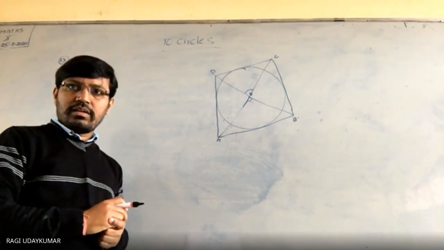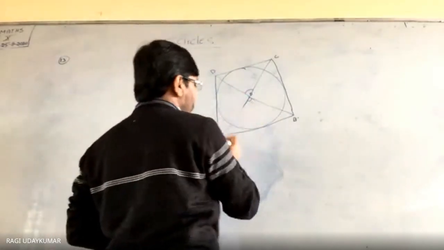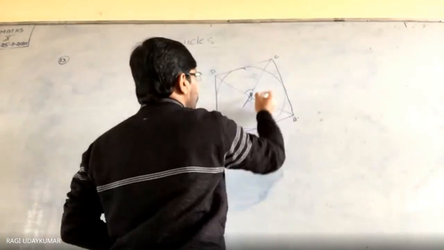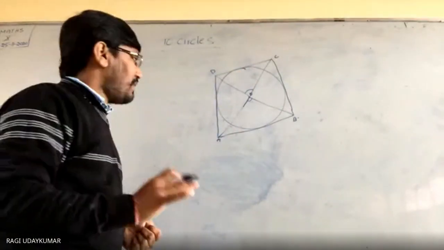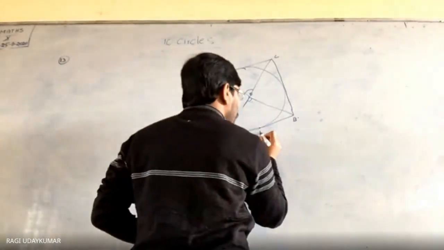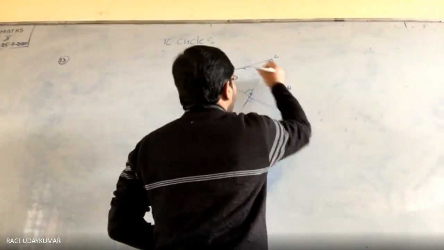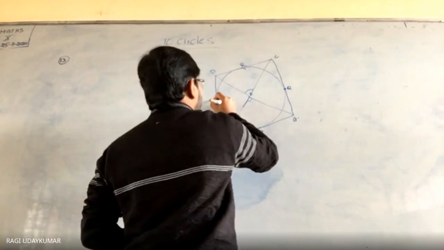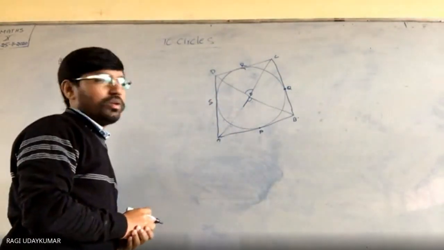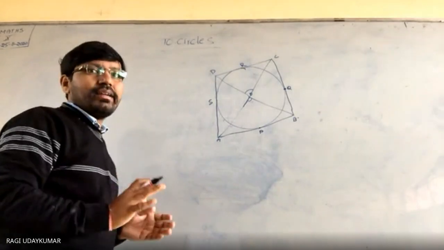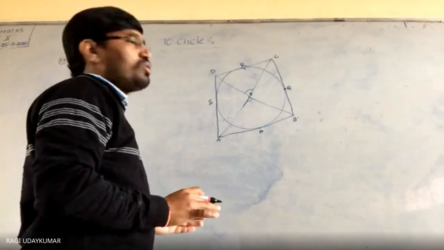Yes, sir. Now here we need to prove angle AOB plus angle COD is equal to 180 degrees. So first let us consider the points of contact as P, Q, R, S. And don't get confused with this.